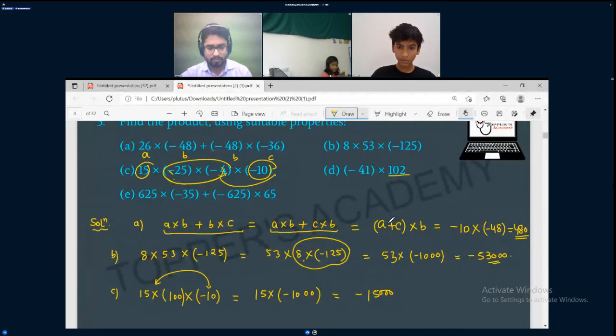So this becomes minus 625 into 35 plus 65, which gives us 100. Minus 625 multiplied by 100 gives us minus 62,500. I'm getting confused with zeros.